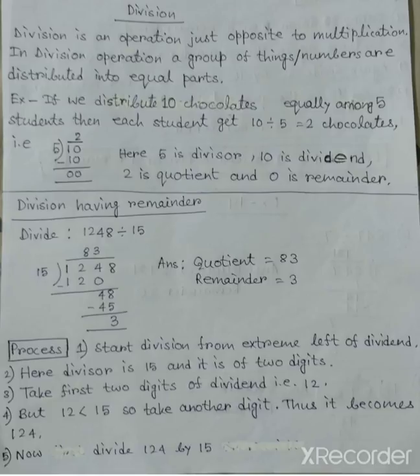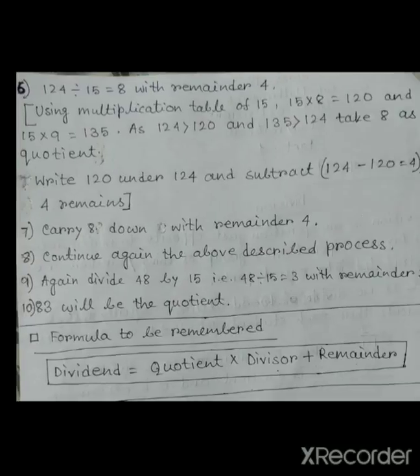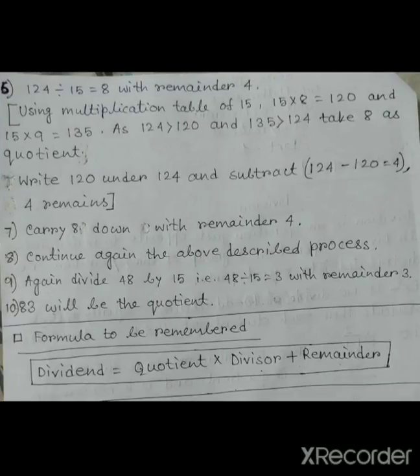But 12 is less than 15, so you have to take another digit from the dividend, thus it becomes 124. This one. Now divide 124 by 15. Next step, using the multiplication table of 15, 15 8s are 120 and 15 9s are 135.